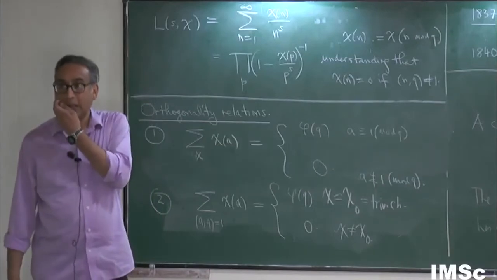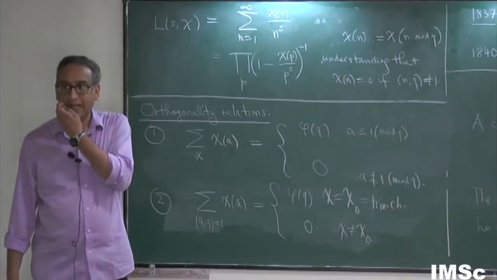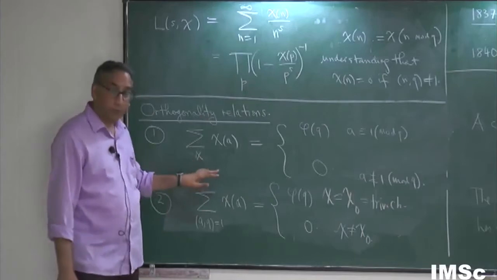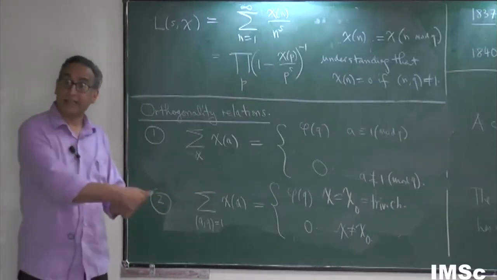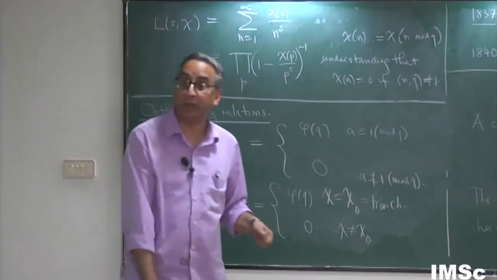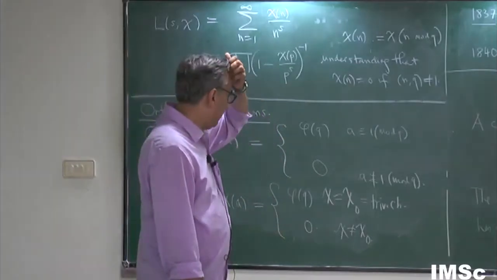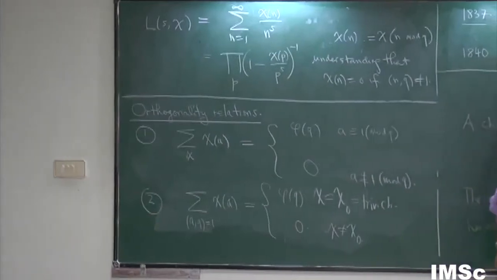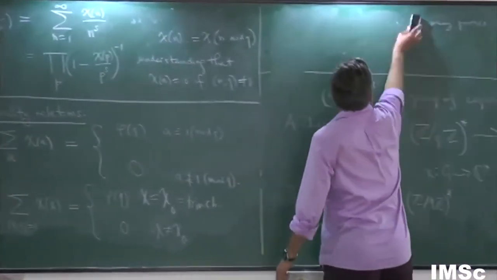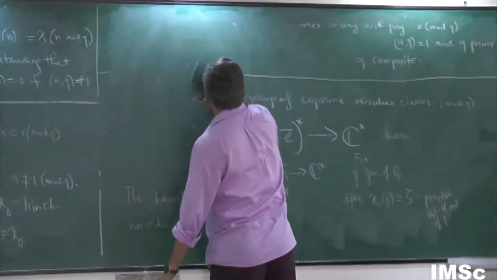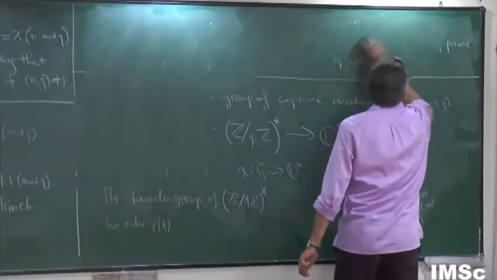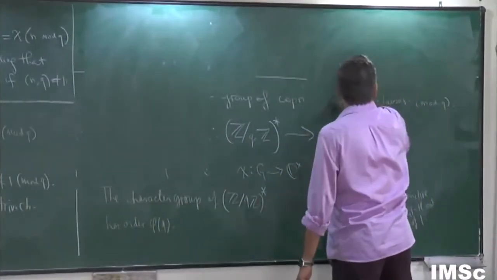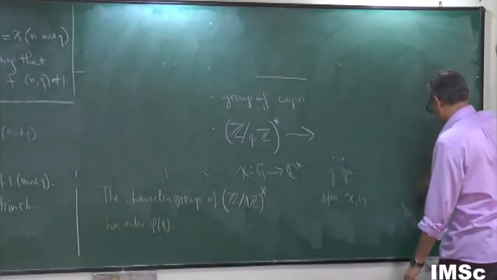Okay, so these are the very important ideas, but there's a little bit of a proof that's needed in the existence of that particular character that does what you want it to do. Okay, so these are called the orthogonality relations. And once you have them, you're practically in business.